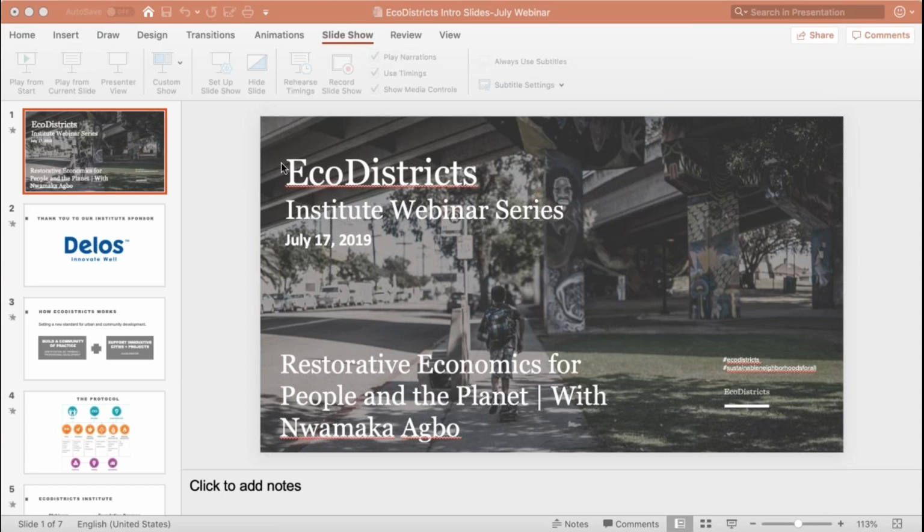We are guided by the Ecodistricts protocol. What we really see the protocol as is a roadmap to community benefits. So it integrates equity, resilience, and climate protection into the neighborhood planning and regeneration process.